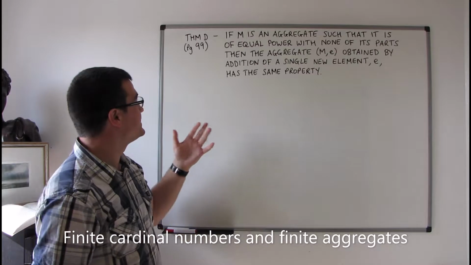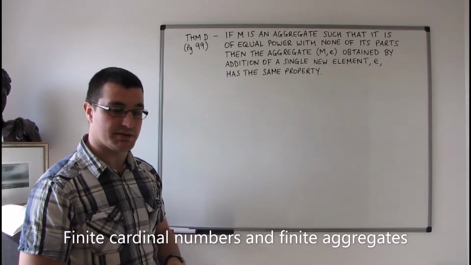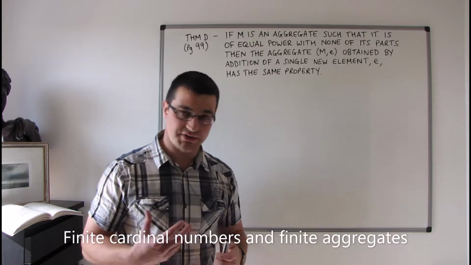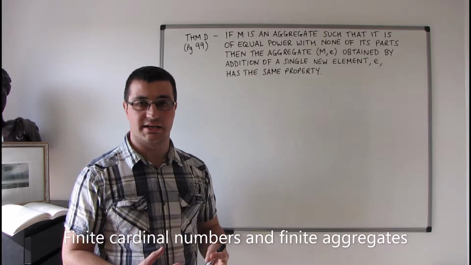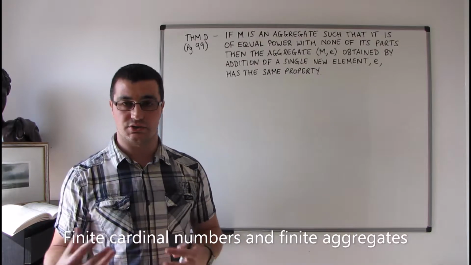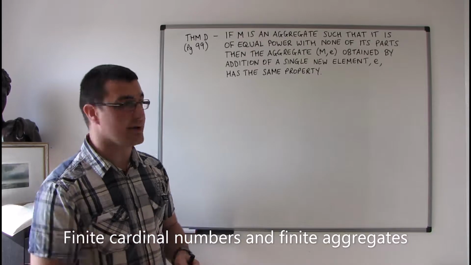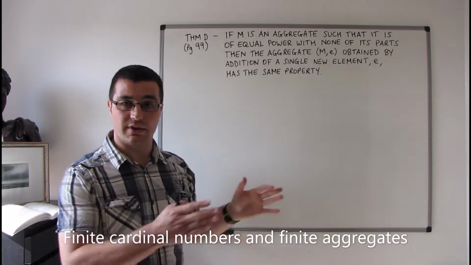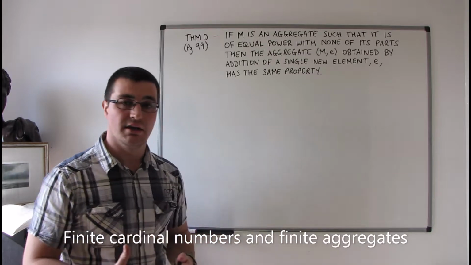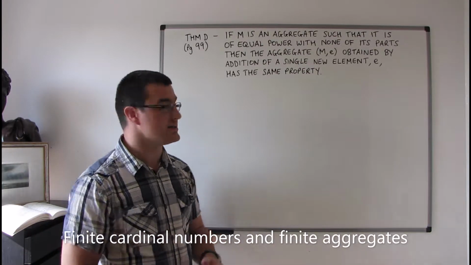Now the reason that this is to me an important theorem is because it really proves what we'll see is a characteristic property of finite cardinals in comparison to transfinite cardinals. So the finite cardinals, finite aggregates, are not equal in power with any of their parts. Here we come back to this ambiguity regarding this notion of parts.